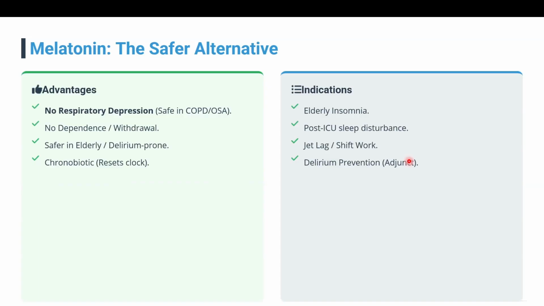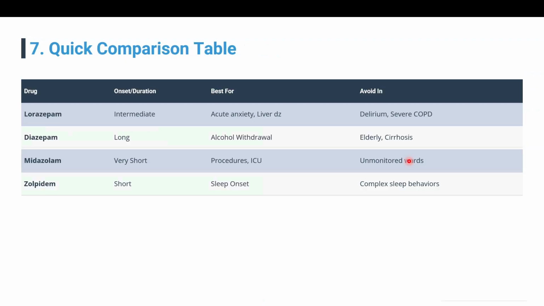So how to think as a general physician before you sign any of these orders? First line for insomnia is to correct underlying issues such as pain, dyspnea, frequency, steroid timing, caffeine, all these things. If you must sedate, choose the shortest acting, safest agent, that is preferably lorazepam or zolpidem. If there is any repeated need beyond a few days, think whether you need psychiatry input, or should you be starting an SSRI or antipsychotic?